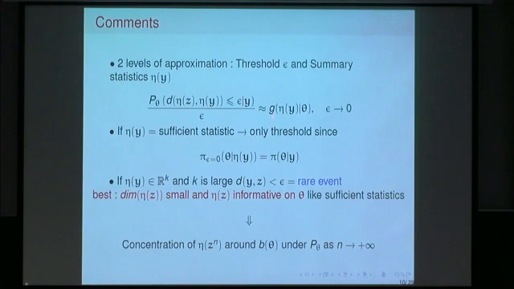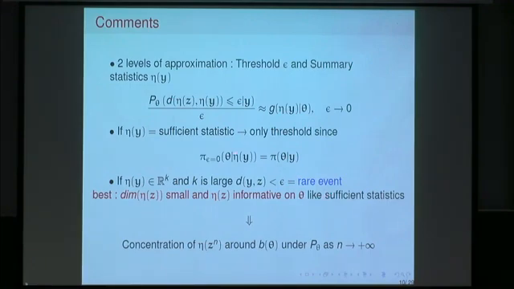And so somehow, if epsilon were equal to 0, you wouldn't look at the posterior distribution of theta given y, but the posterior distribution of theta given eta of y. That's sort of the best you could do. So if eta of y is a sufficient statistic, then you are happy, because you're recovering what you want, if epsilon were equal to 0.